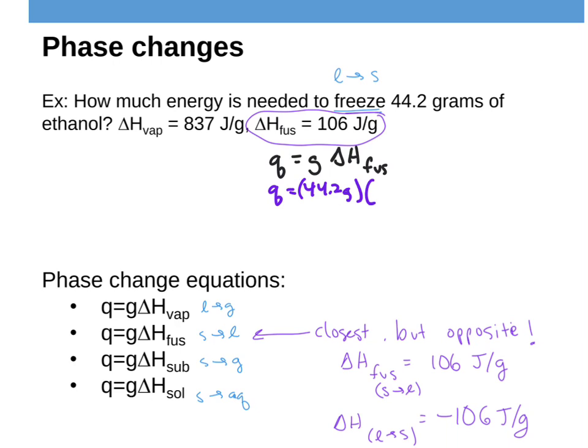My delta H of fusion, I'm not going to put 106, I'm going to put negative 106 because I'm doing the opposite of fusion. Joules per gram. My grams cancel out.